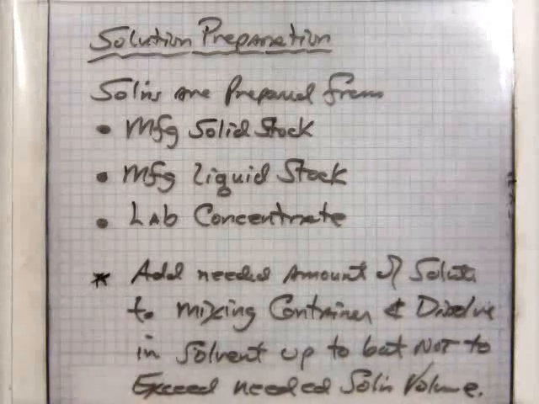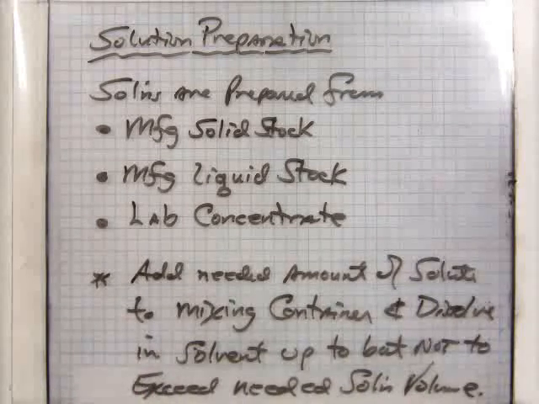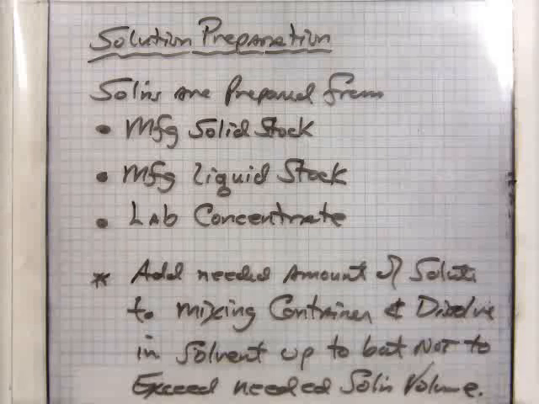Now I write that out for specific reasons so that you will understand that if you're making a 500 milliliter solution, you do not just simply add your solute and then pour 500 milliliters of solvent on top of it. Because if you do, the system would be too diluted. What you do is you dilute up to, but not to exceed, the specified total volume.